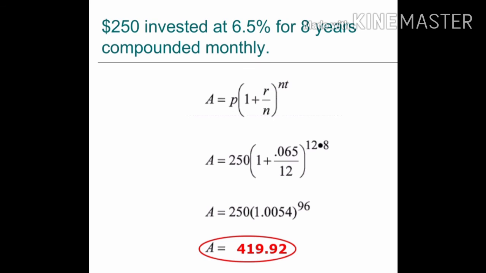So A equals 250 times 1.0054 to the power of 96. Our total amount now is 419.92, from the $250 invested at a 6.5% interest rate for 8 years compounded monthly.